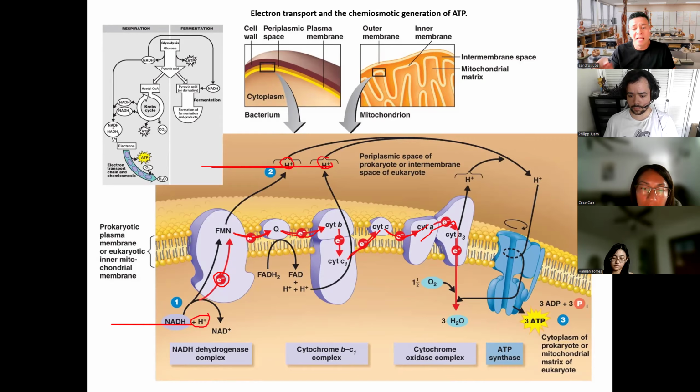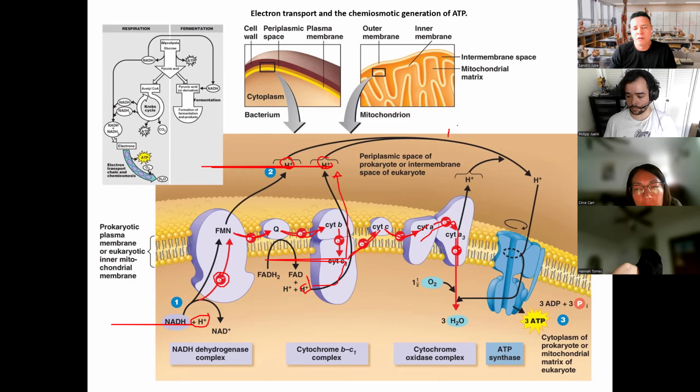So the movement of the electron drives the transport of hydrogen ions from the inner section of the mitochondria to the intermembrane space, right here, every time this electron is moved.